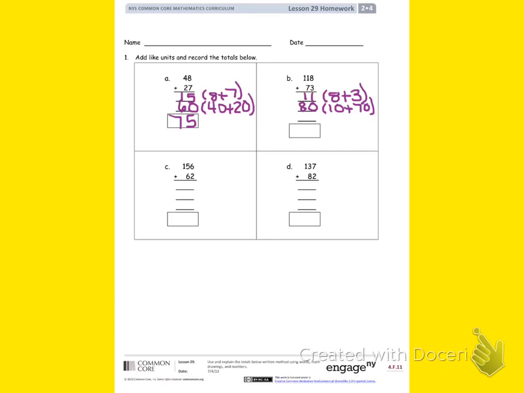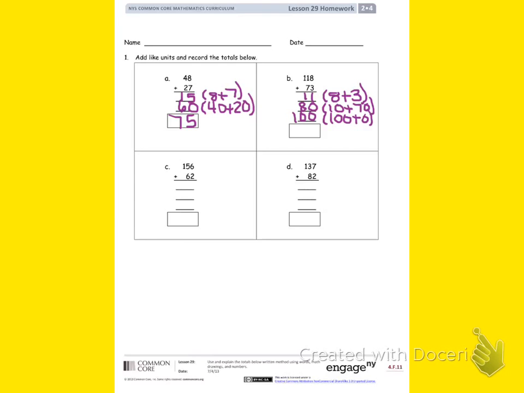Now the hundreds column. One group of 100 plus nothing is the same thing as saying 100 plus 0. One group of 100 plus nothing is one group of 100, or 100.